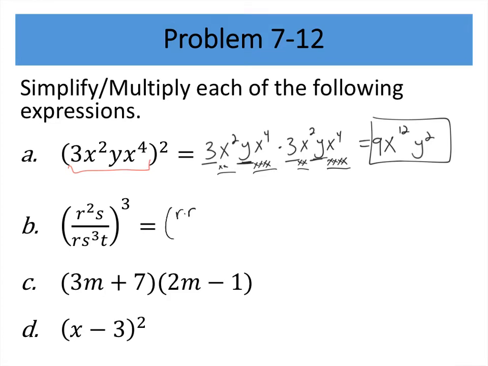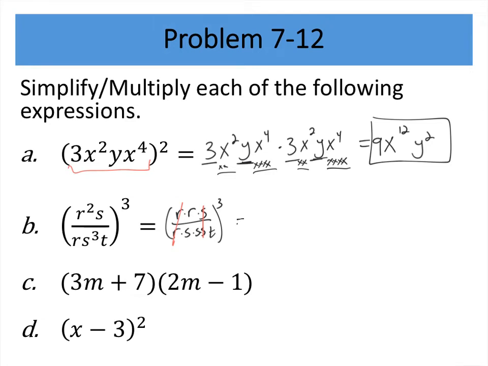R times S over R times S, S, S, and then T to the third. And before I rewrite it, I'm going to cancel out some things that are the same on the top and the bottom. So when I rewrite this out those 3 times, I won't have to rewrite these two pieces.